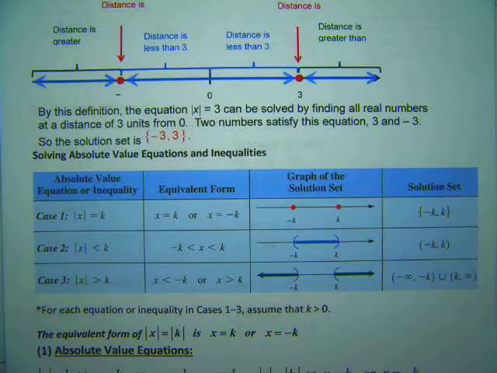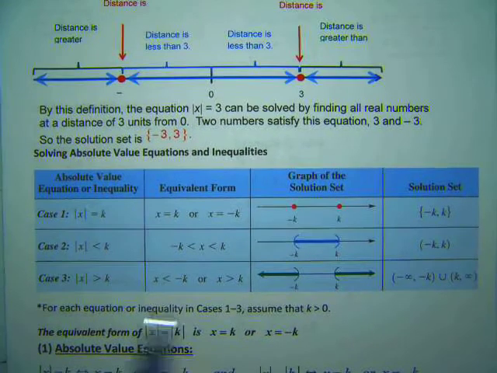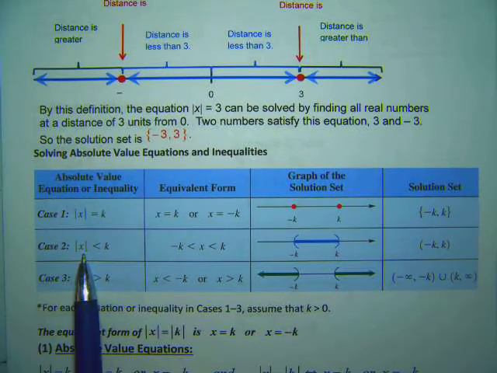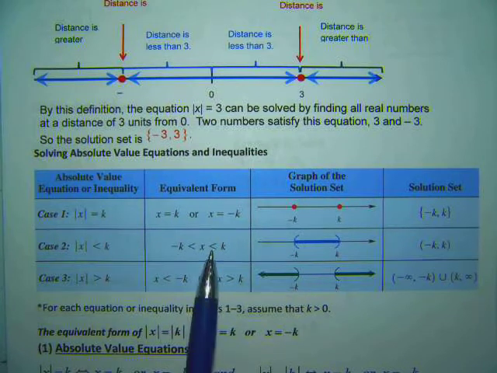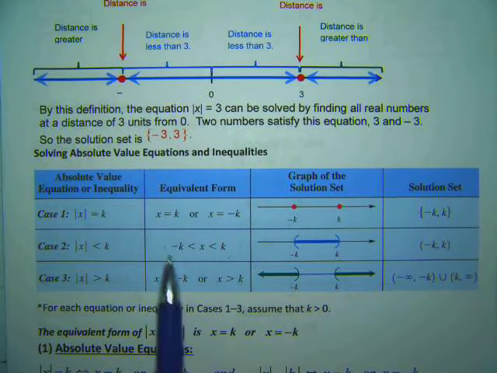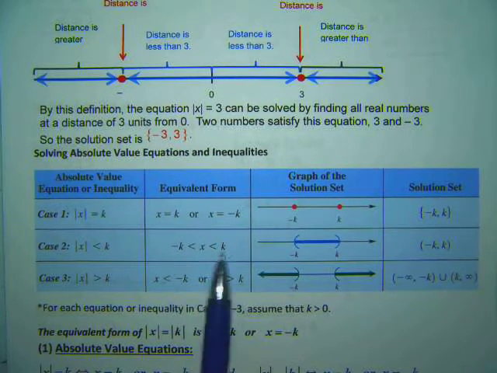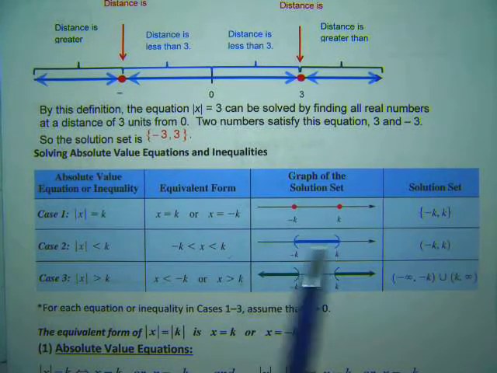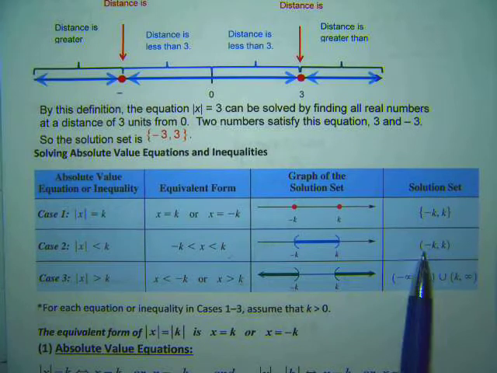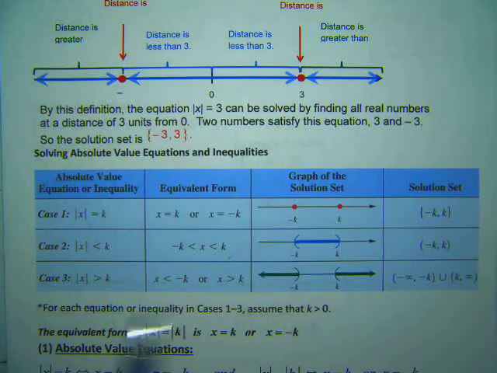So now let's look at it here. So here's the first case. Absolute value of x is less than k. Equivalent form is the three-way inequality. x is greater than -k and less than k, and that's the graph, and the interval notation is -k to k.